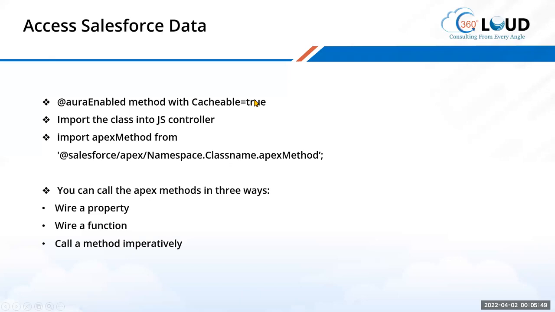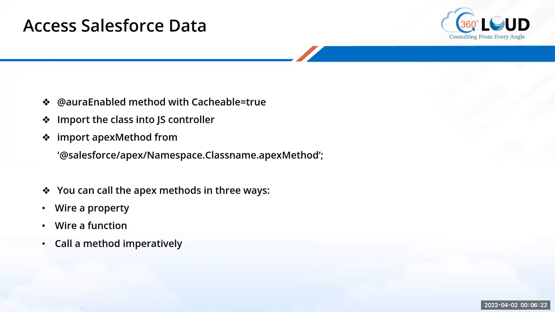The benefit of cacheable=true is that it improves your component's performance. If there is already some data in the cache and you want to search that particular data only, you can use cacheable=true, and it can speed up your performance by milliseconds. It quickly shows the cached data from client-side storage without waiting for a server trip.